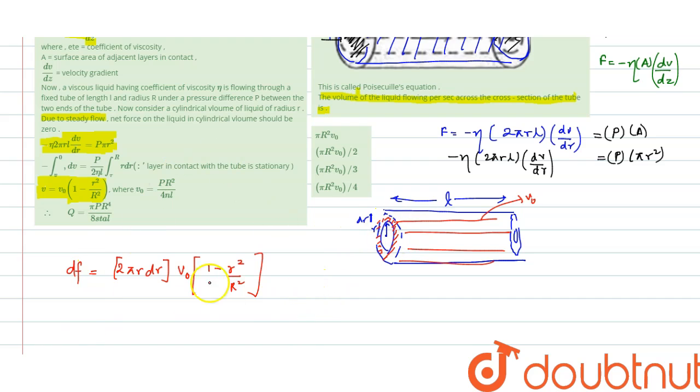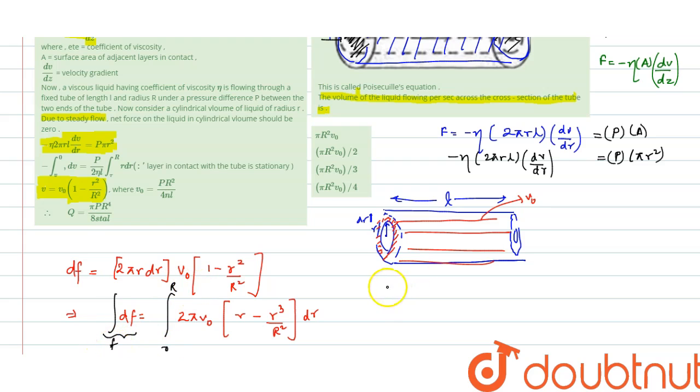This implies that df is equal to 2 pi V0 into r minus r cube upon R square dr. If we integrate this equation in the limits 0 to R, this will therefore give us total volume flow rate.